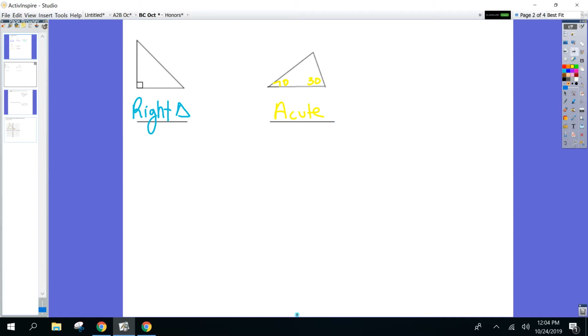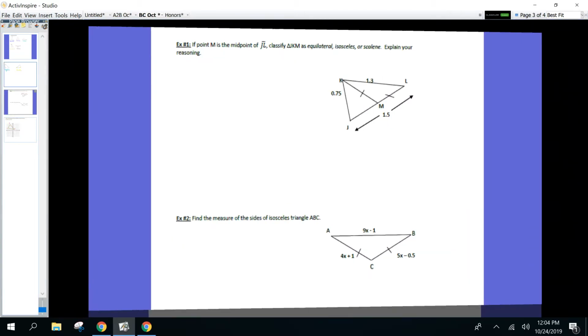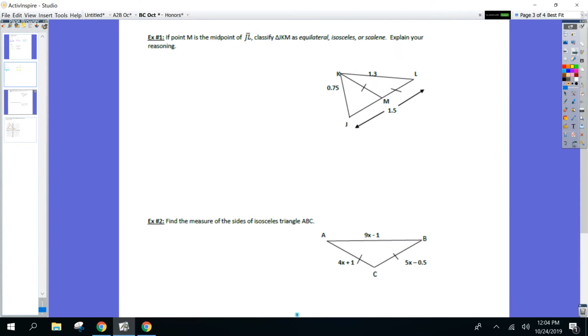All right, so let's reintroduce some terms, but now in a triangle. So point M, well, first of all, before I even get into what's given to you, everyone see the diagram, what's already marked for you. KM and ML are congruent. Now I'm telling you that M is also the midpoint of JL.